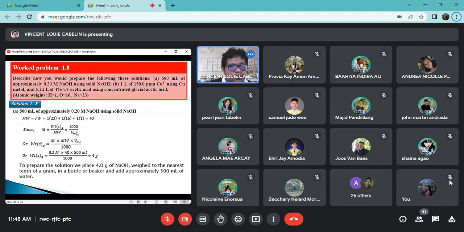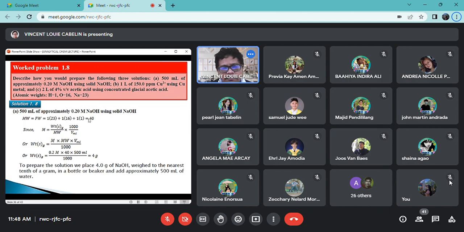That's 1 times 23 plus oxygen 16 plus 1 for hydrogen. These are all the atomic weights. That is equal to 40. Okay. Now this 40 can be used to get the molarity, right?